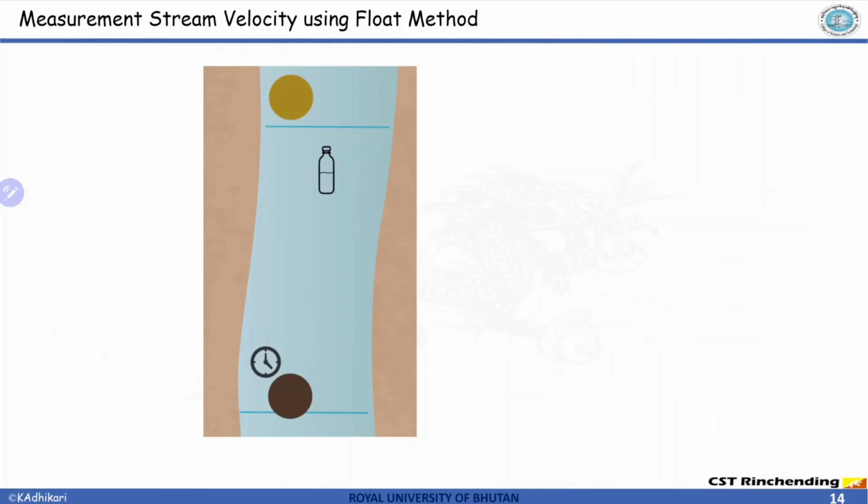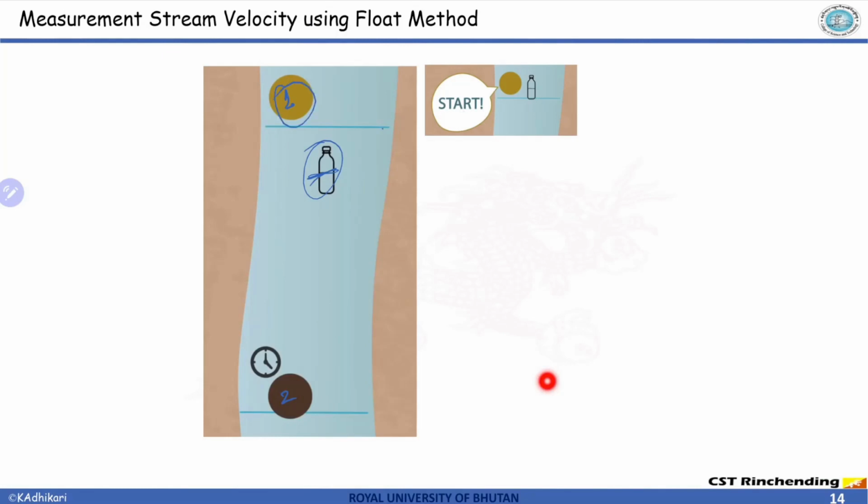But if you don't have anything to do the velocity measurement, then you can still go for the float method. In this method, two persons are required. Person 1 stays at some upstream side, person 2 stays at some downstream side, and then you half fill a plastic bottle with water and toss it into the river. As this bottle reaches the top line, this person is going to say start.